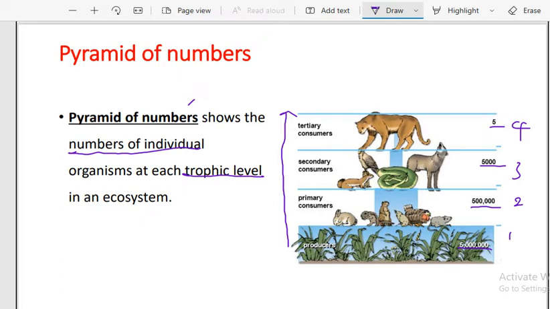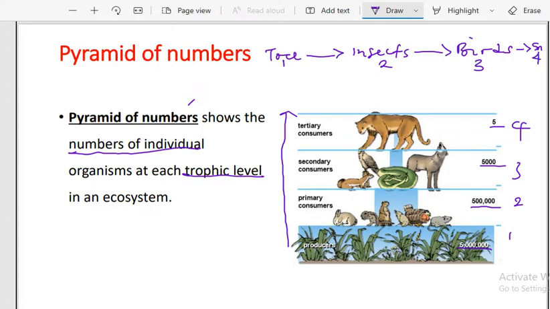Now, let me give you an example. Let me say a tree. We have a tree, and on this particular tree, you have insects that feed on the leaves. And the energy from the insect flows to birds. And let me add snakes here. So we have the first, second, third, and fourth trophic level.